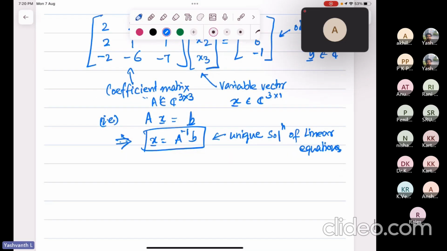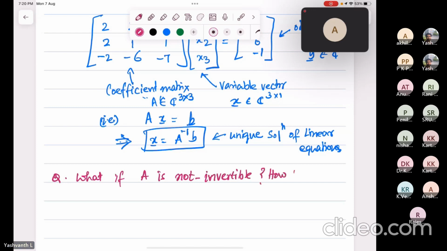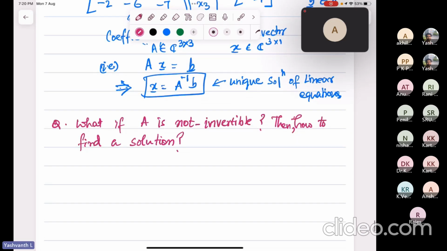The natural question is, what if A is not invertible? How to find the solution?